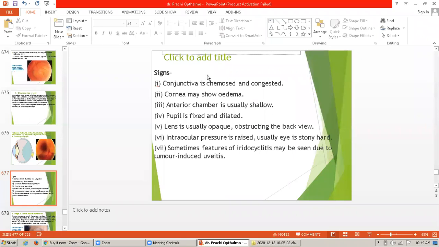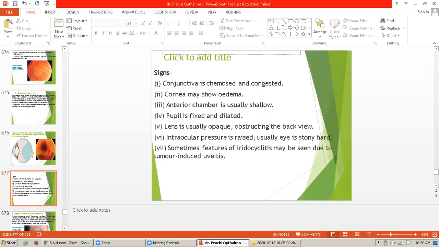So when we see the signs, the conjunctiva is chemosed and congested. Second, the cornea may show edema. Third, the anterior chamber is usually shallow. The pupil is fixed and dilated. Then the lens is usually opaque, obstructing the back view, and intraocular pressure is raised.